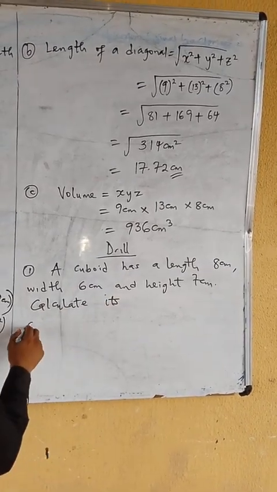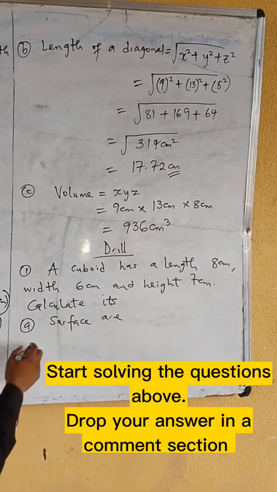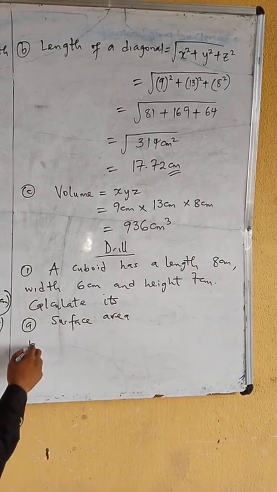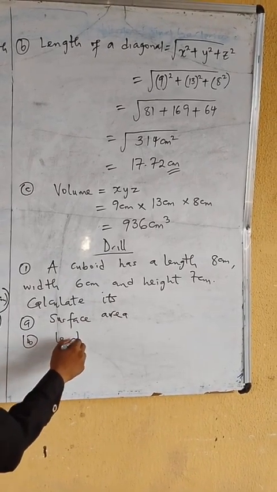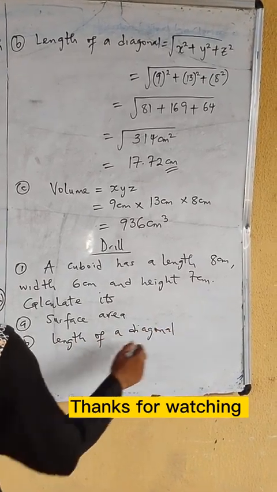Calculate its surface area, the length of the diagonal, then the volume.